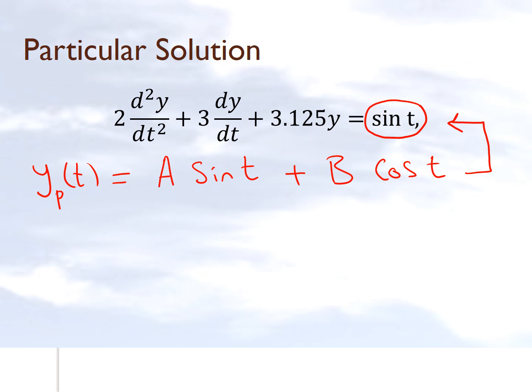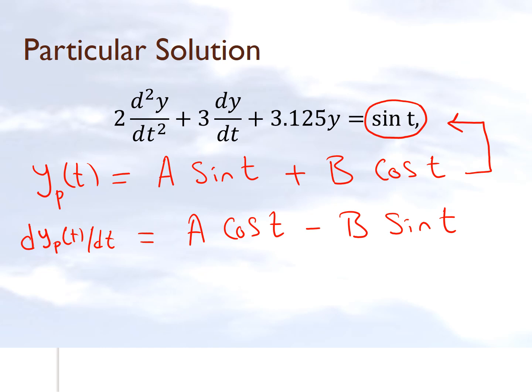So now we need to compute the first derivative with respect to time. It is equal to a cosine t minus b sine t. So here we have an expression for the first derivative.